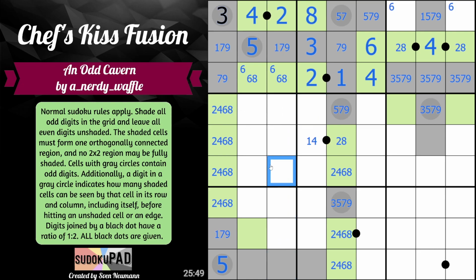But we do need to connect the gray cells from here, which we know have to be some sort of set of 5. Could these two be green? And the answer is yes, these could be green, I think. These could be green, and you could have like the gray cells.